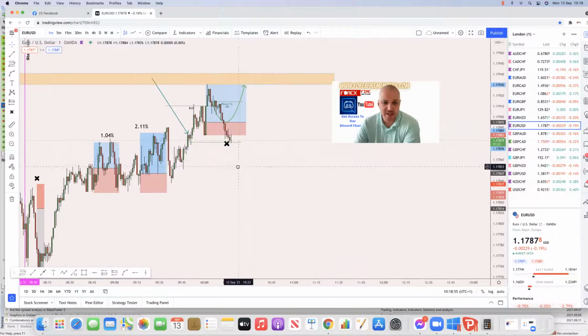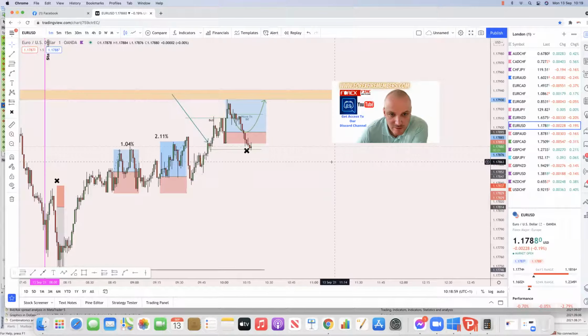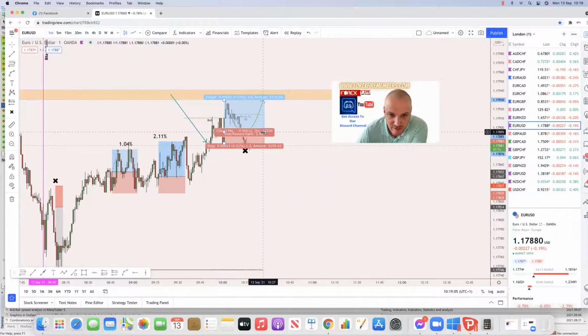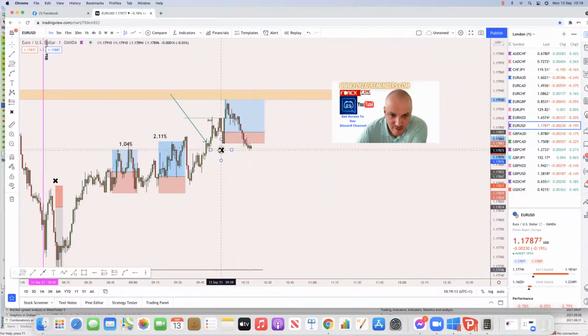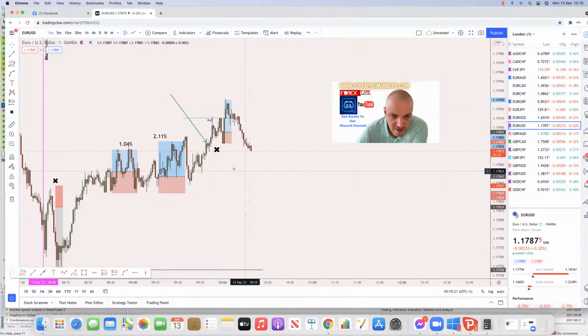So from there, guys, we are now looking at the breaker structure. Let's get rid of this. I'll show you the next move that we're going to wait for. Get this X along here, move this right along here, because we've had to break the structure from here.